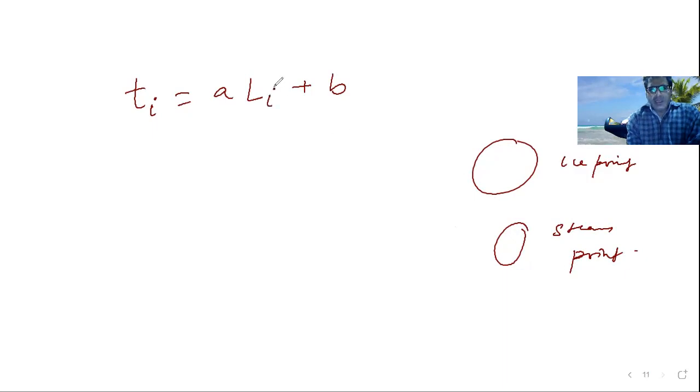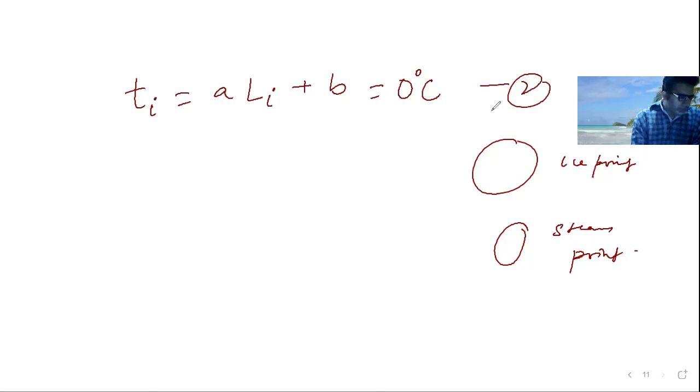Let Li be the length of the mercury column when my thermometer is in thermal equilibrium with the ice point. This temperature I have labeled 0 degrees Celsius. So I have this second equation: Ti is equal to A Li plus B, equal to 0 degrees Celsius.